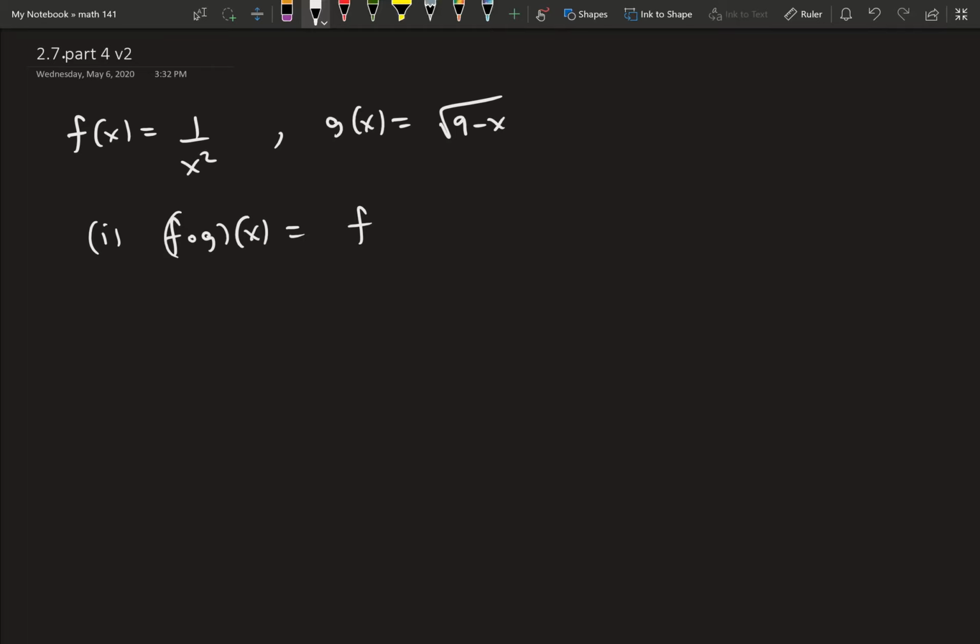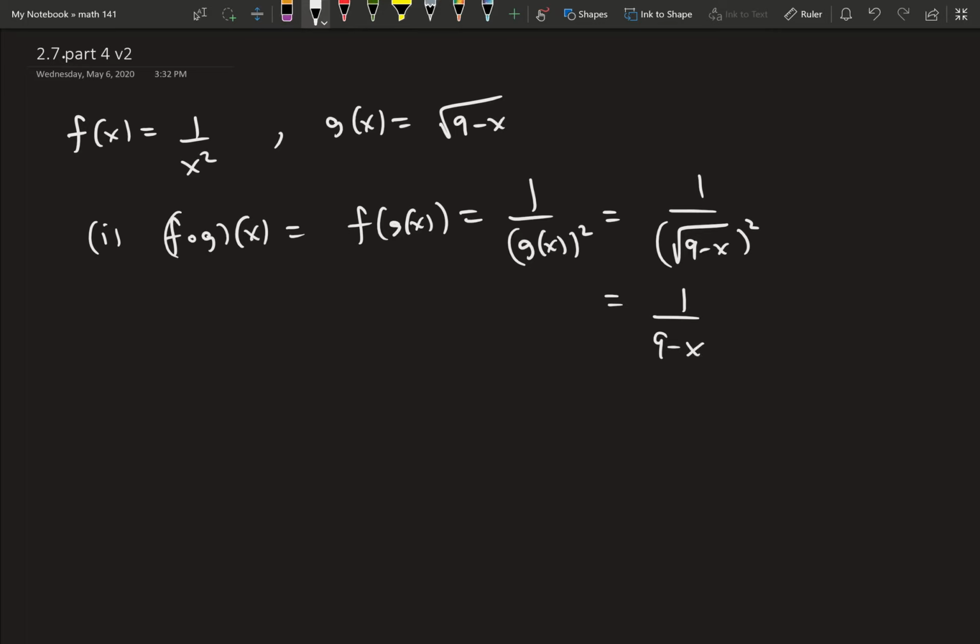So let's do that. Well, f composed with g, that's f of g of x, so that's 1 over g of x squared, which is 1 over the square root of 9 minus x quantity squared, which is 1 over 9 minus x. So that's what we get when we compute the expression.